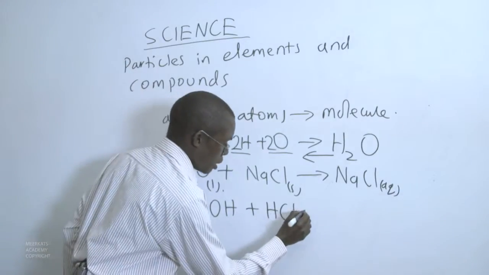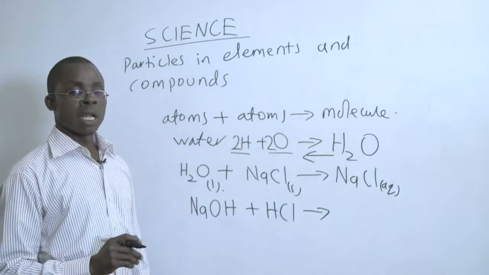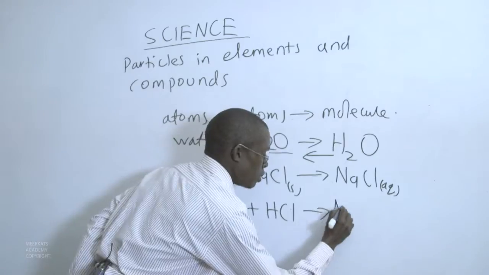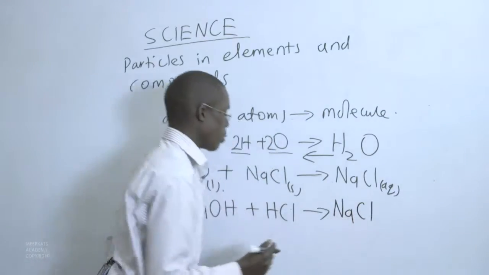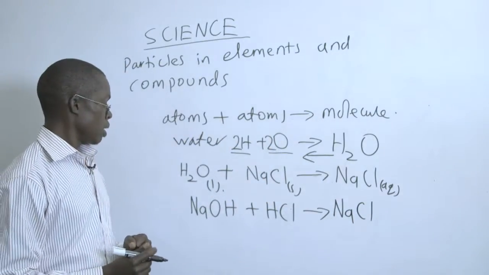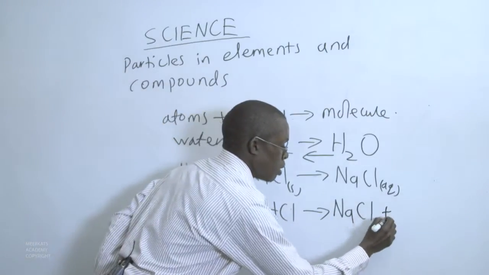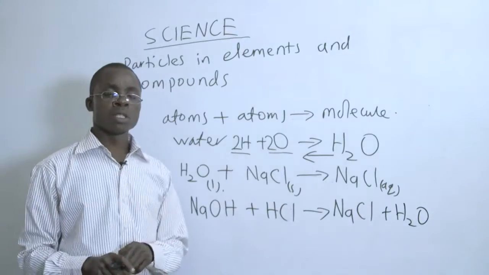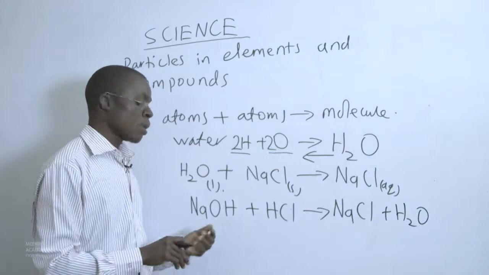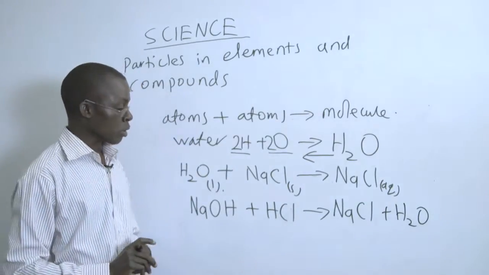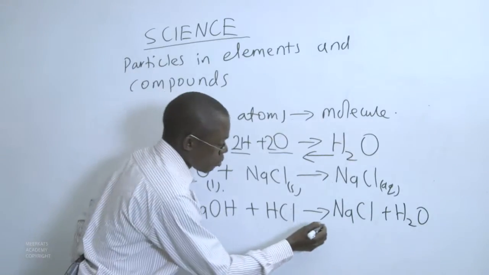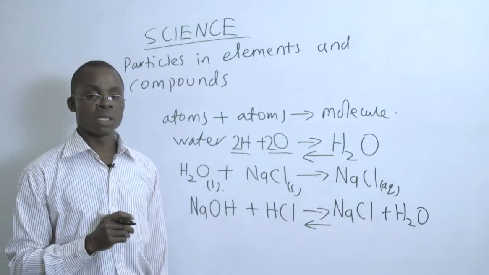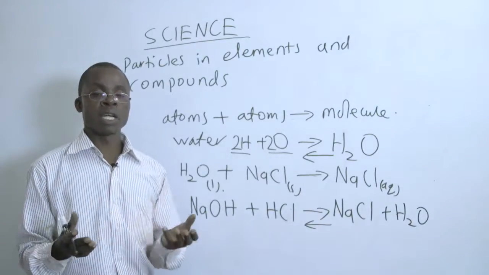When these two meet in a reaction, they will form sodium chloride, what we have just talked about, plus water. We have formed two different substances from our acid and our alkaline or basic solution. Can we go back? The answer is no. You cannot do it, at least physically.